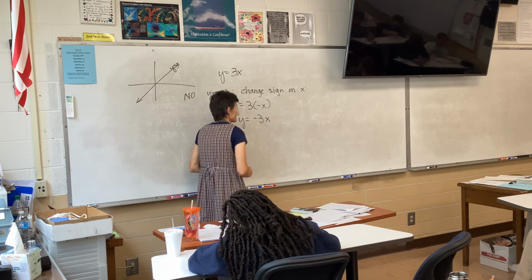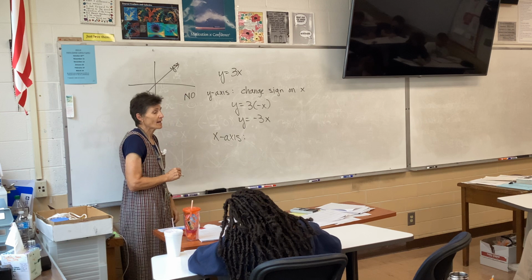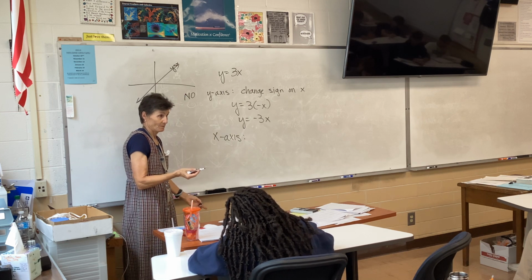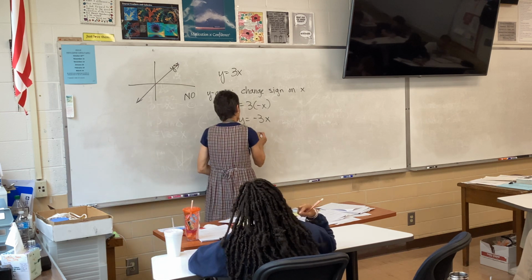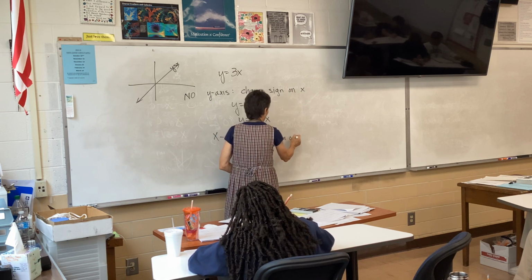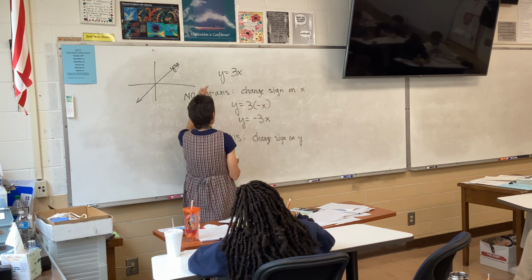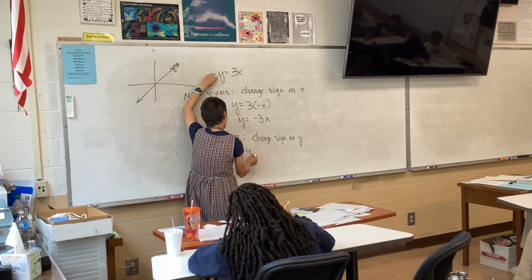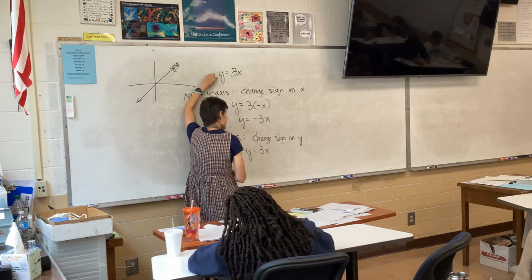All right, I've got the x-axis next. What do you think the test for symmetry about the x-axis is? Change the sign on y. So go back to your original, make it -y equals 3x.